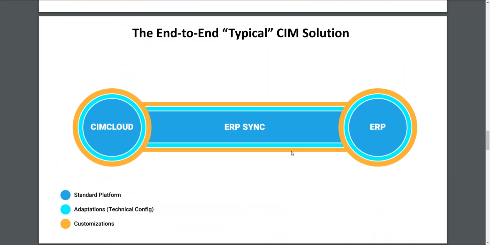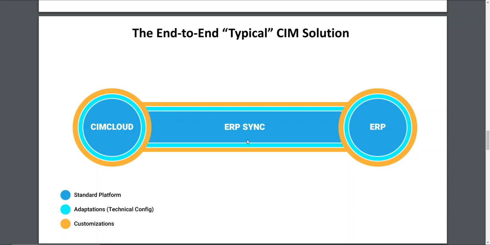And I'm using simple circles there to look at the solution. A typical solution when we're putting one together is actually more involved, because there is the SimCloud platform, the ERP sync, the SimCloud to ERP sync framework, which we install a sync tool, and we have a whole framework on the cloud side making this work. And then there may be adaptations and customizations in the ERP system itself.